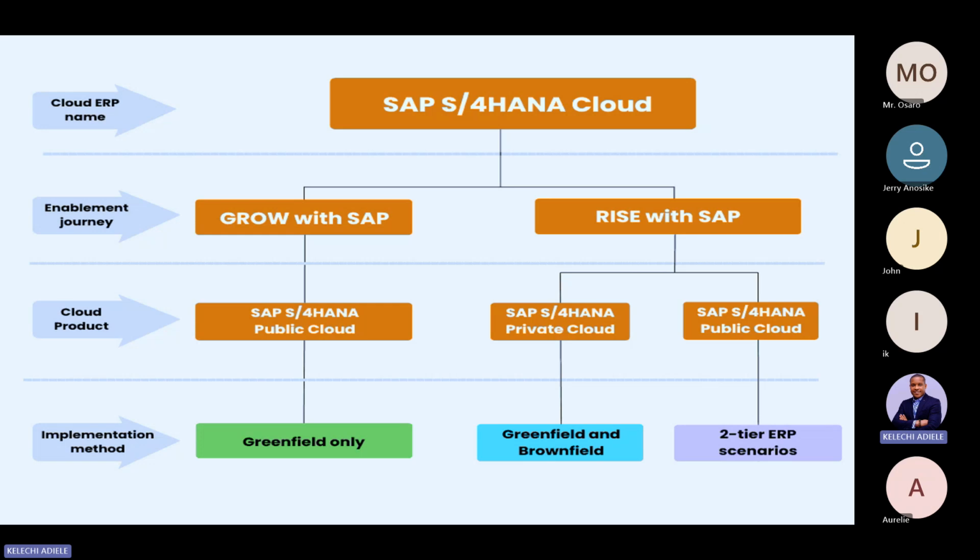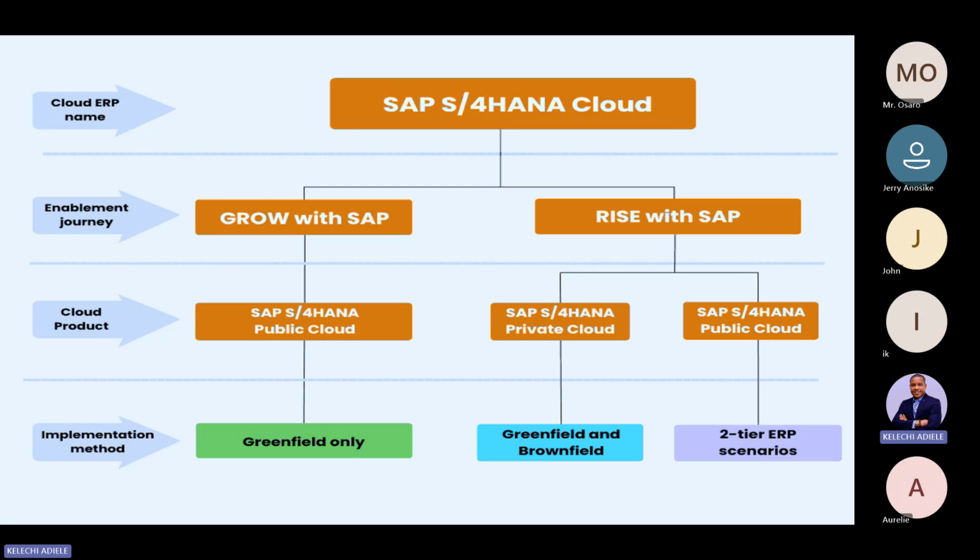They will say, okay, look, if you want to go with Grow, you will need to sit in the SAP S/4HANA Public Cloud. When you hear public, it means a lot of customers will be sitting on that same space. That's what we call a public cloud. It's just one server, but you have a lot of customers sitting there.